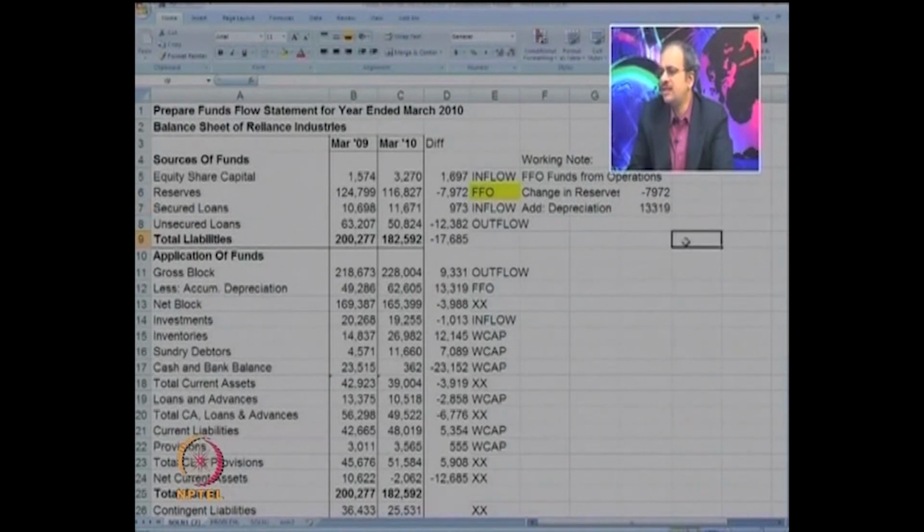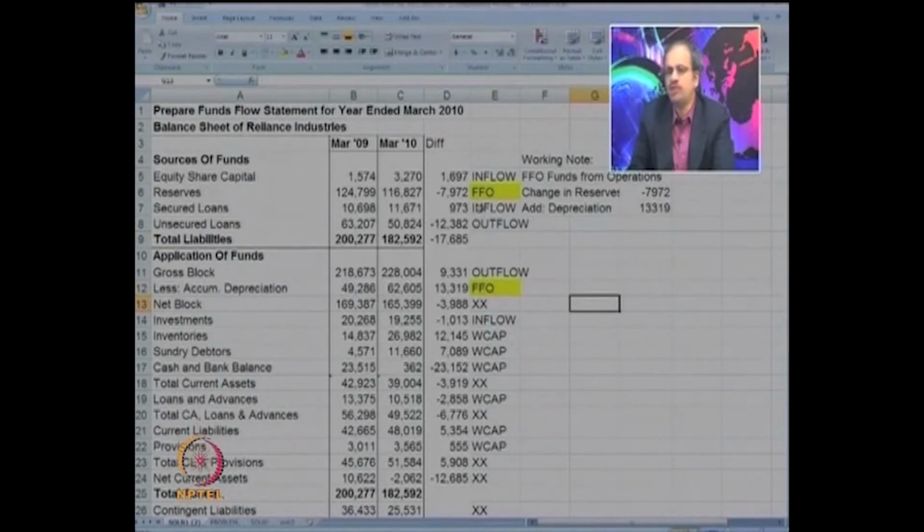So 13319 represents the amount of depreciation provided. So we have accounted for this also.